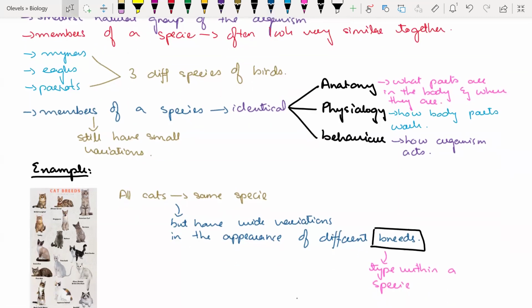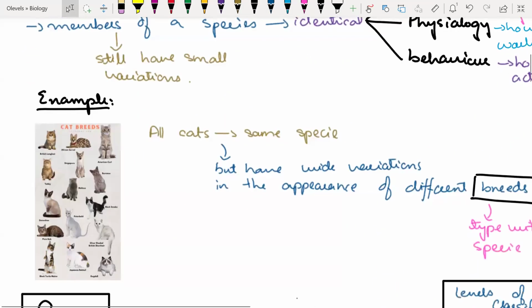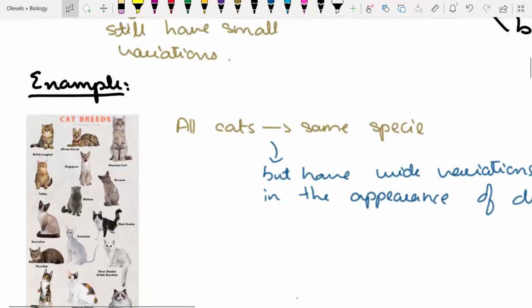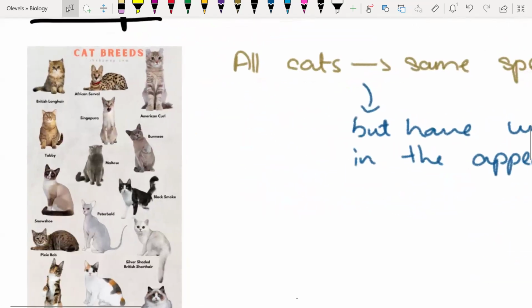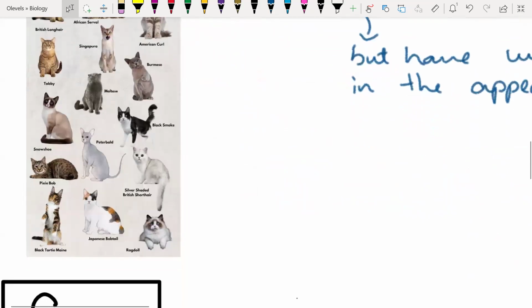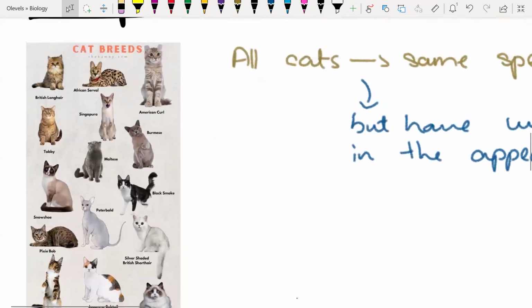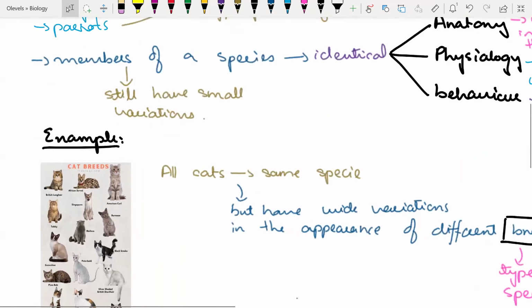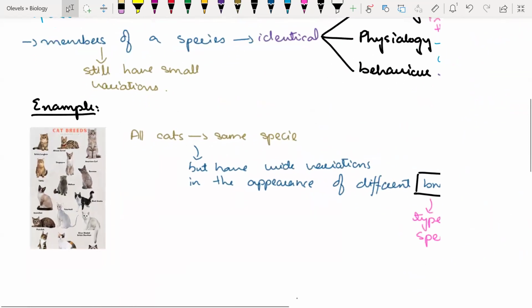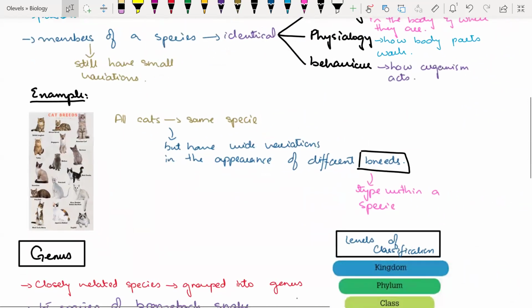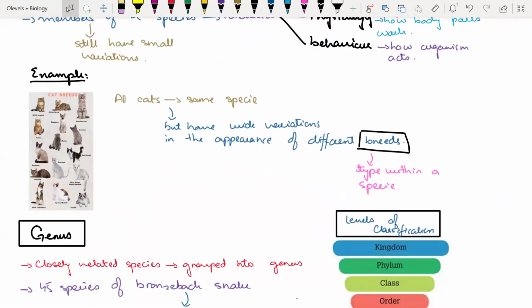But members of the same species might have small variations among themselves. For example, all of these are cats, but they have different names. They belong to the same species but have variations among themselves, which contribute to their different appearance.